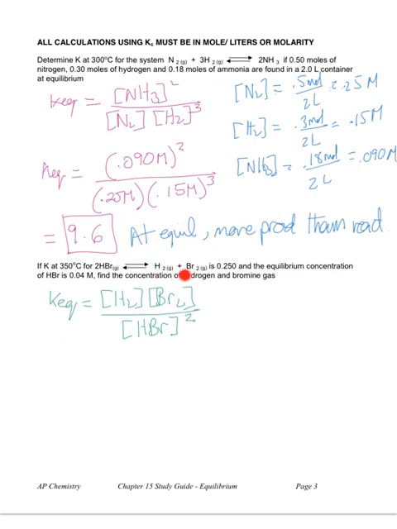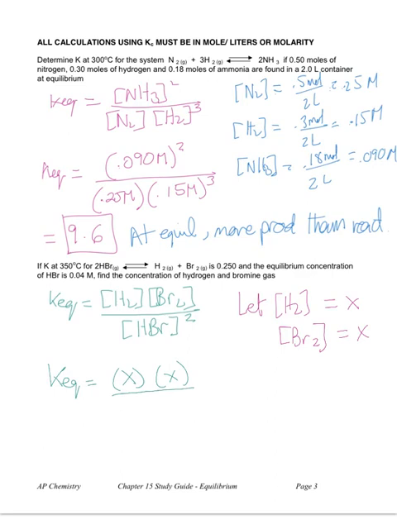Whenever you are trying to solve for concentrations and you don't know what they are, just say let them be equal to x. So I'm going to say let the concentration of H2 equal x. That means the concentration of Br2 is also going to be x because they're a 1-to-1. So now I'm going to plug in my values. So K_eq is equal to x times x divided by, they tell us HBr is 0.04 molar, squared.